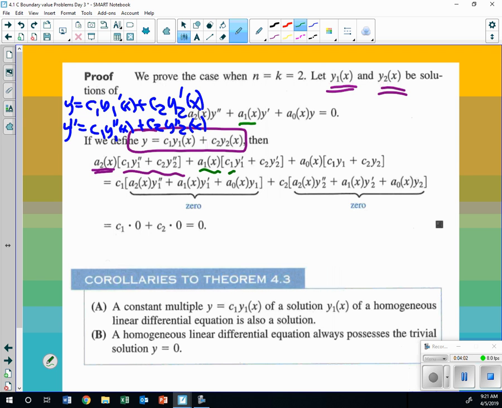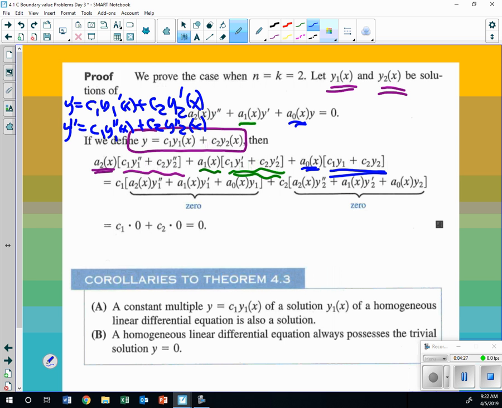And that's going to be c1 y1 prime plus c2 y2 prime. And then the last one is a0 of x, just another coefficient, and then the original solution, y1 times c1 plus y2 times c2. But look what happens when we multiply these through and then break them up.